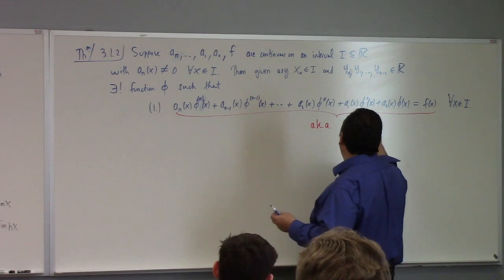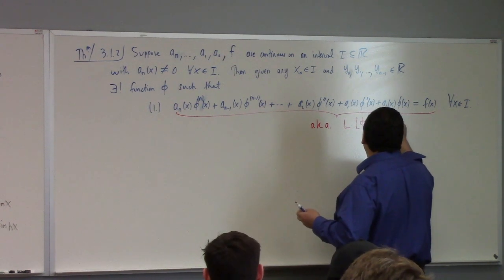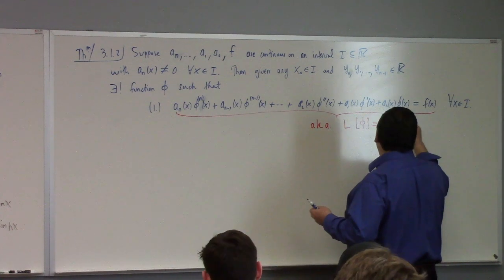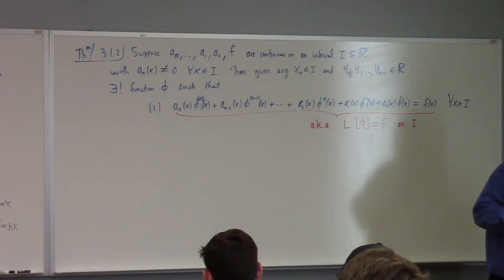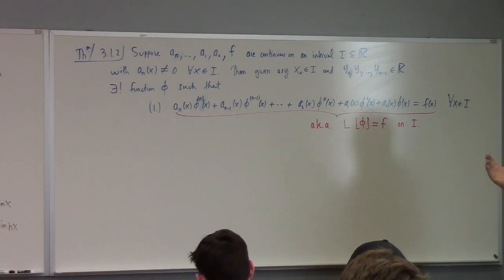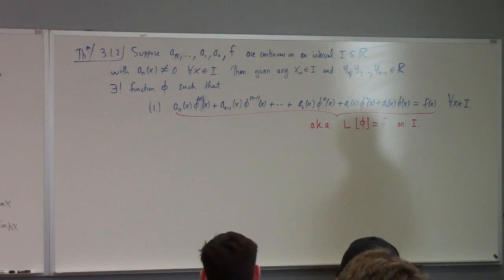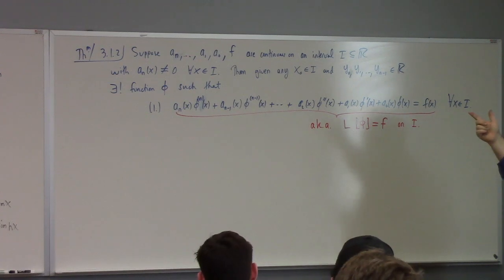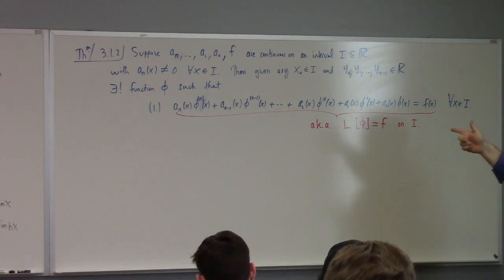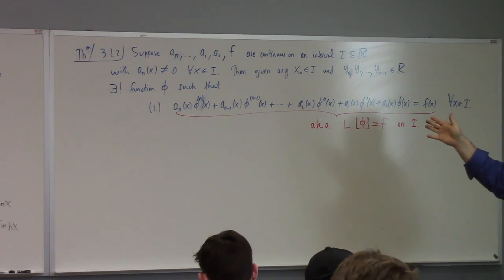L of phi is equal to f on I. Assuming that I define the differential operator using these continuous coefficient functions that I'm assuming exist in this theorem, all right? So I'm saying that, number one, if they're continuous on an interval I, and the leading coefficient of the operator is non-zero, there exists a solution to the problem.